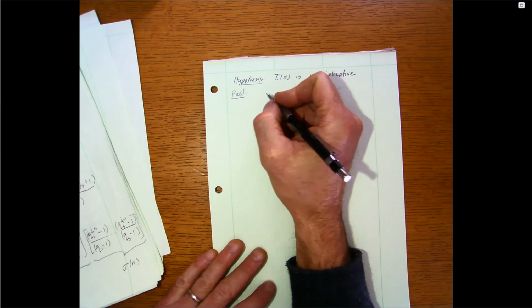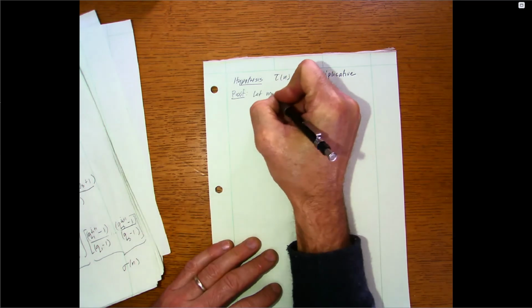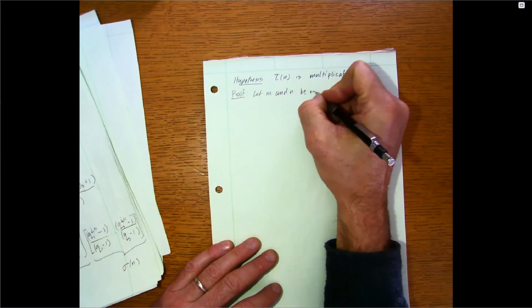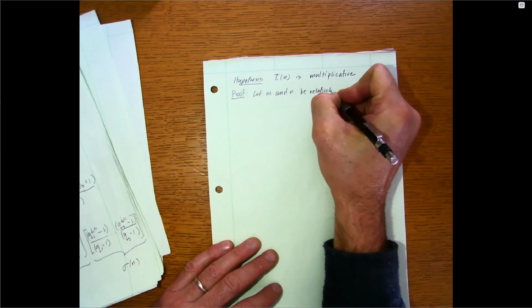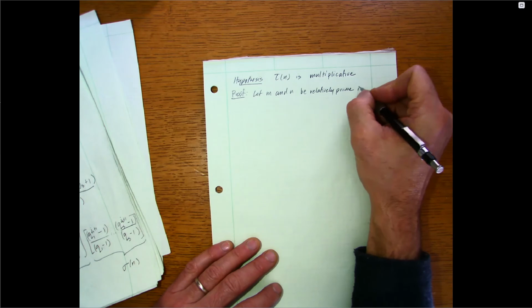Let's see, here's our proof. First of all, we have to let m and n be relatively prime integers.